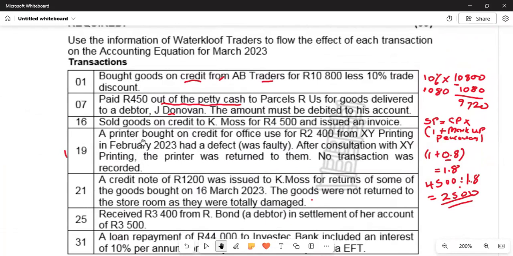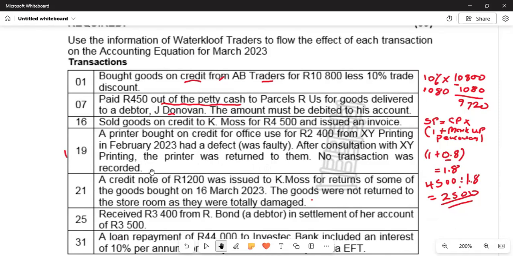We are told a printer bought on credit for office use, 2,400 from XY Printing in February 2023, had a defect which was faulty, and after consultation with XY Printing, the printer was returned to them. No transaction was recorded.